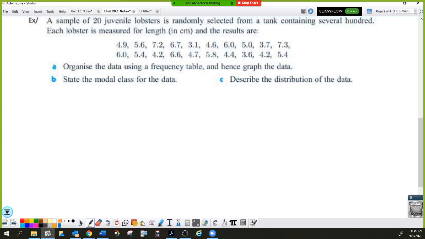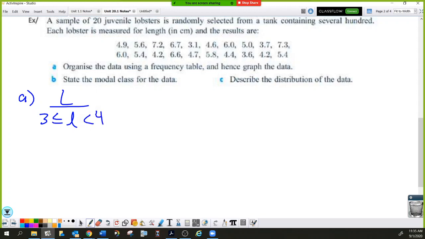So rather than actually order the data, let's just create our widths, our classes. Let's separate it into classes. And I separated it into classes of length 1. Well, the smallest value up there is 3.1. So here is my data table. Okay. Length, the smallest one was 3.1. So I'm going to say my lengths can be between 3 and 4.